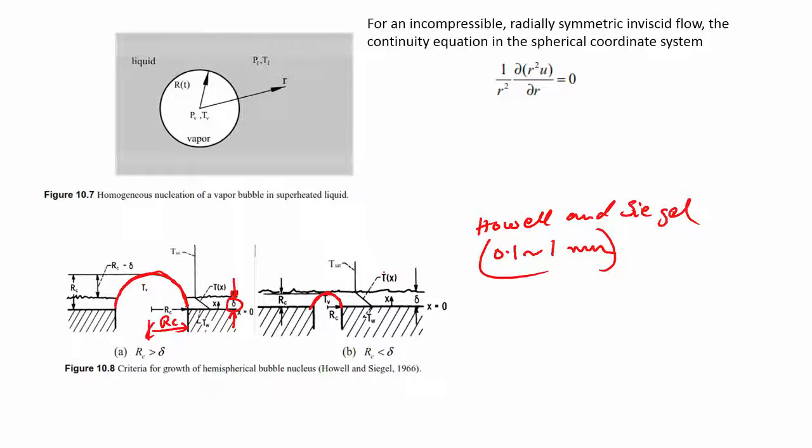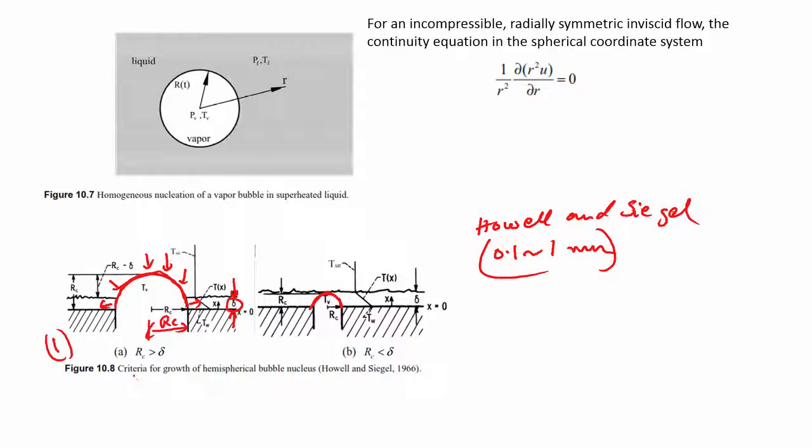So, what they said is that if the bubble is extending out, that is case number 1, then evaporation happens in this layer and condensation happens in that layer. All right.